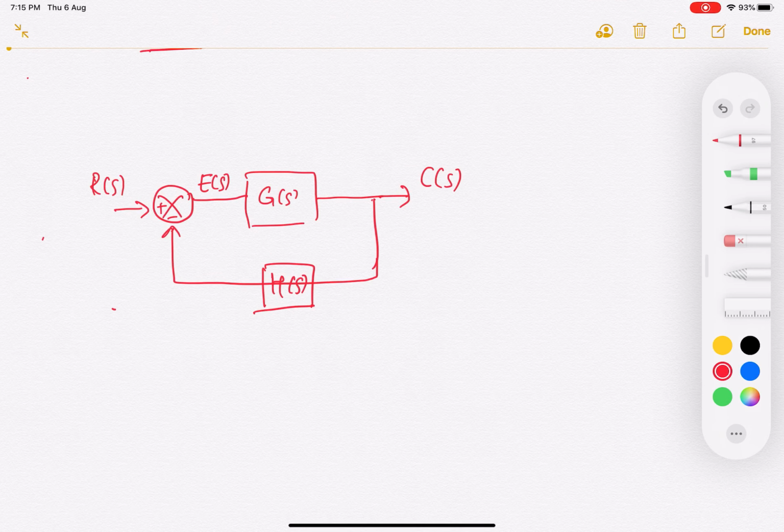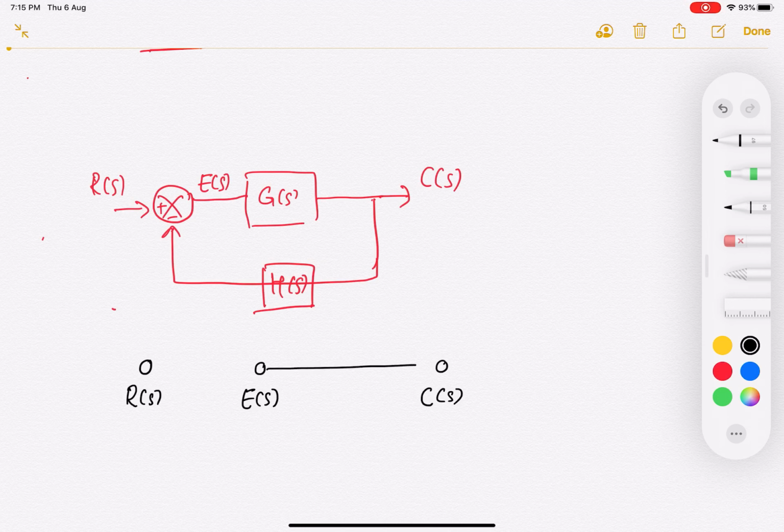Let us first draw the signals. This is my R(s) as a node, then the second signal is E(s) as a node, and the third signal is C(s) as a node.